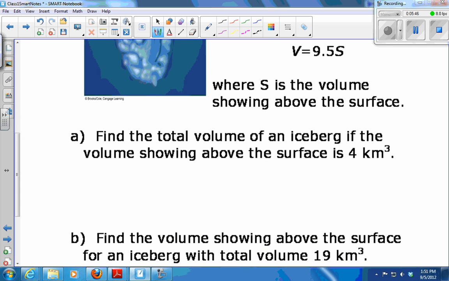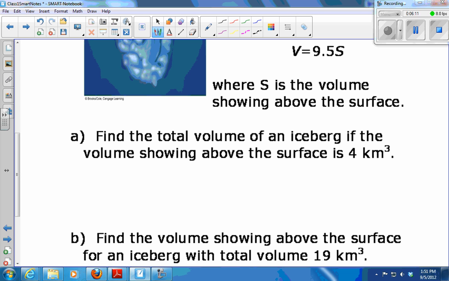So what's the total volume of an iceberg if the volume you can see is 4 cubic kilometers? Before anybody answers, which variable am I going to replace with that 4, V or S? So we have a consensus? S? Yeah.